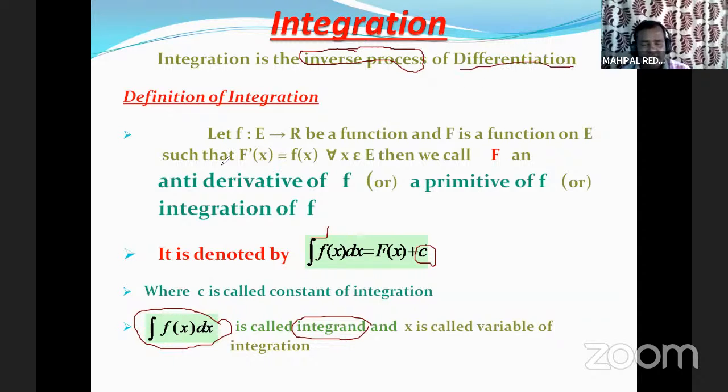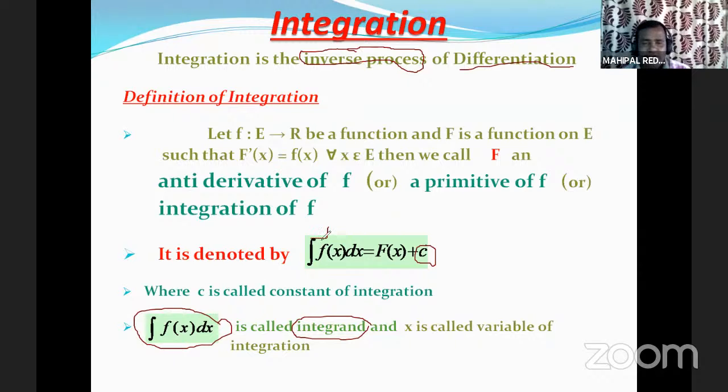And what is it actually in words? The definition is: let small f from E to R be a function, and capital F is also a function on the same domain E, such that capital F dash of x equals f of x. Then F is called antiderivative or primitive of f or integration of f.